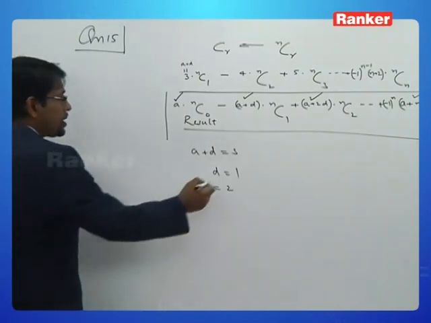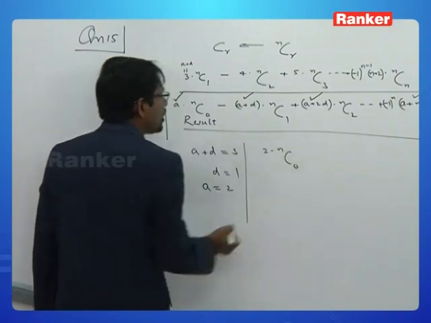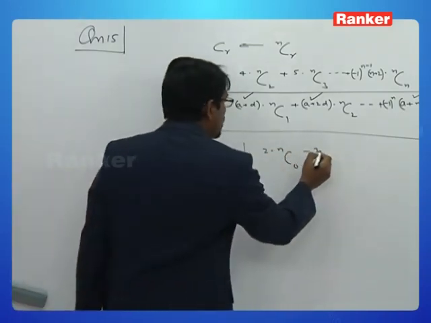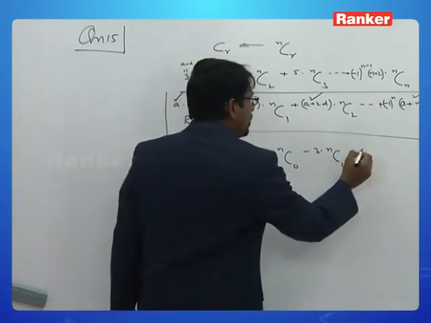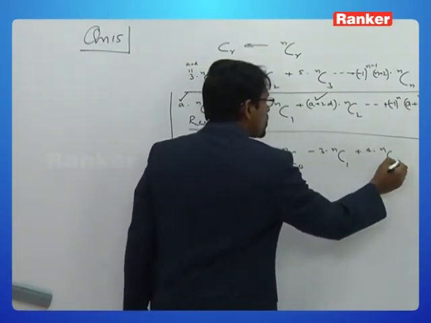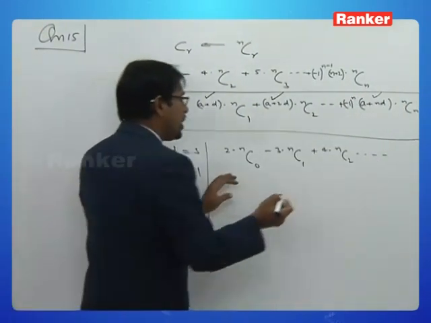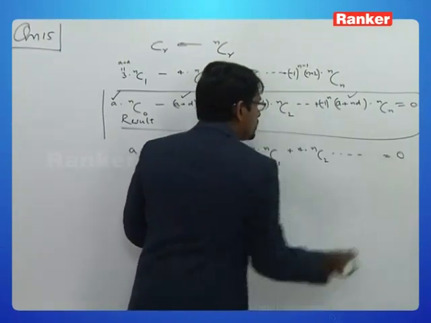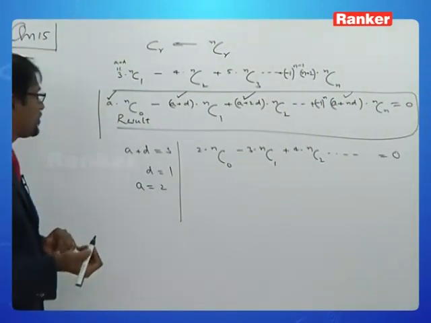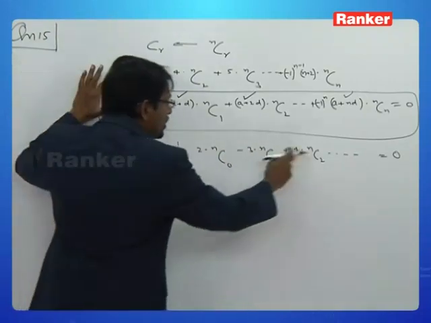Had we started the series with 2 into nC0, then the sum would have been 0. So we can say 2 into nC0 minus 3 into nC1 plus 4 into nC2, so on and so forth, all that would have been equal to 0. Now what you have is this part.